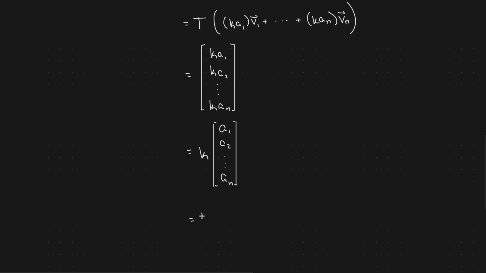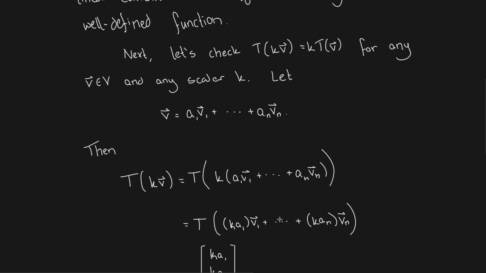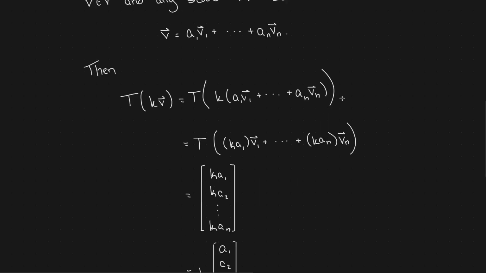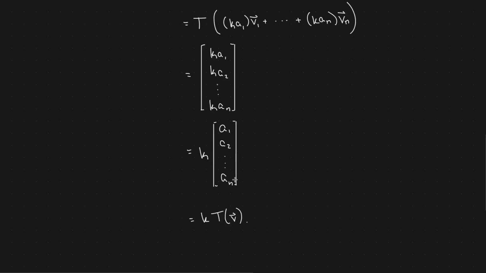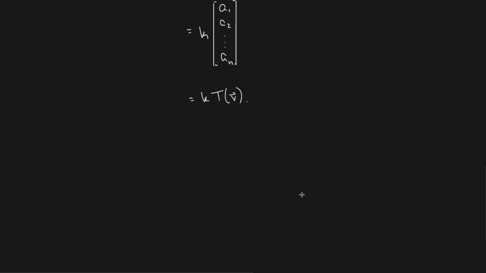So this is just going to be k times the transformation on v. All right, so that proves this condition. Okay, transformation of kv, if we follow the equal signs, it's equal to k times the transformation of v. Okay, we have one more property to check.